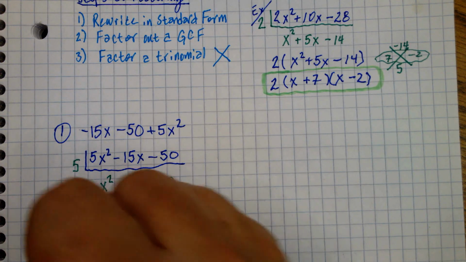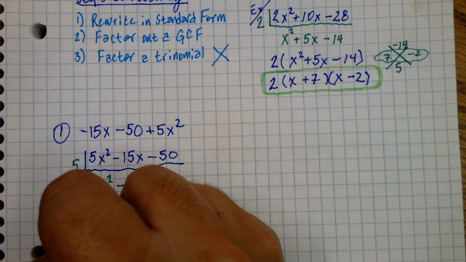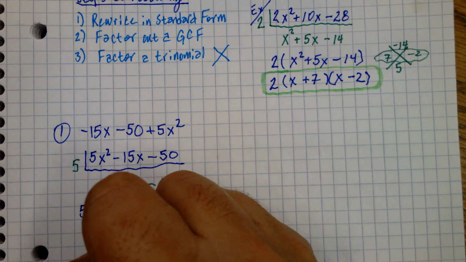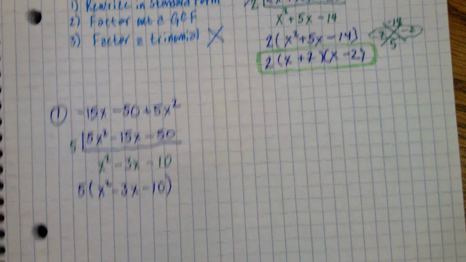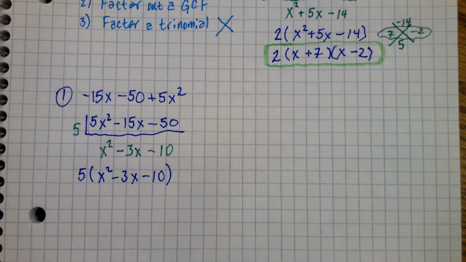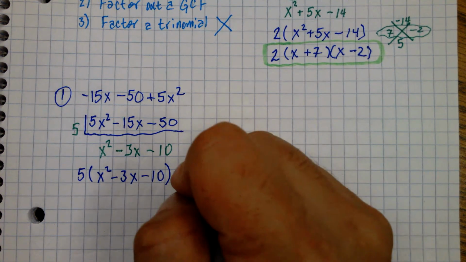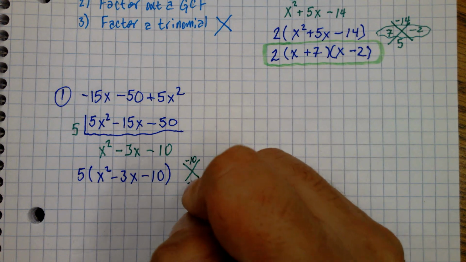Okay. So now we have 5 times parentheses x squared minus 3x minus 10. Let's see. Factor the trinomial. Is that going to happen? Is there something here that multiplies to negative 10 that adds up to negative 3?